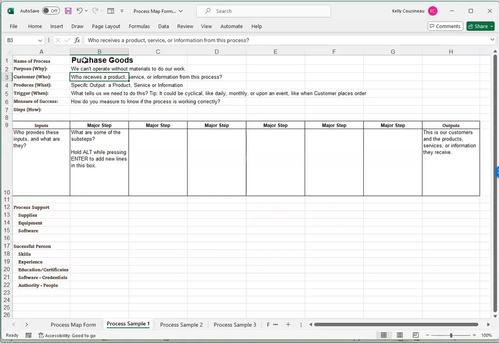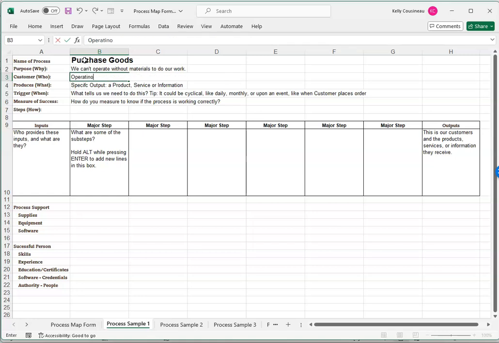Who receives, so there's a customer, who receives a product, service, or information from this process? So there's always a person, an external customer is the one who's paying for it, but inside your company, there could be services provided for other organizations or departments.